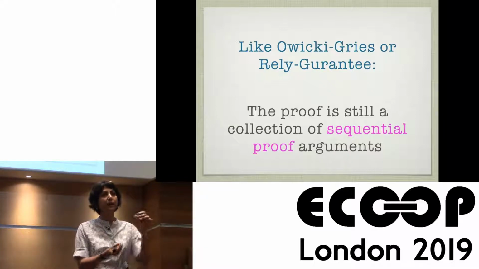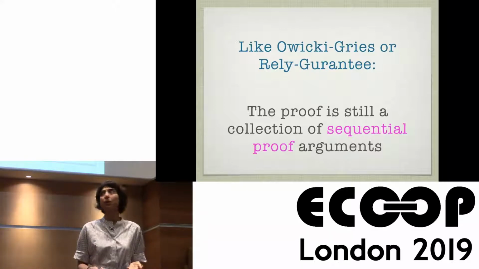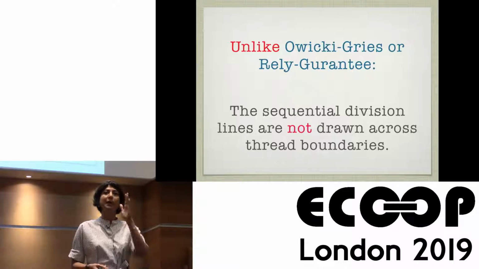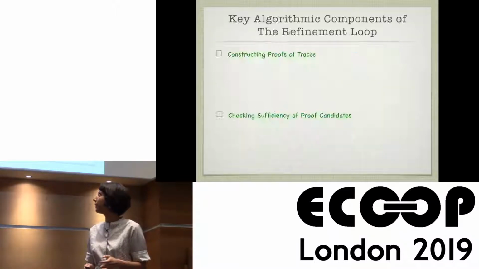And I'm taking these simple proofs and putting them together as the proof of a more complicated entity, which is the entire program. So I'm still doing some sort of compositional work. But unlike methods that you know about, the separation lines for compositional reasoning are not lying at program structure boundaries like threads or procedures or things like that. So there is this contrast that is happening here.